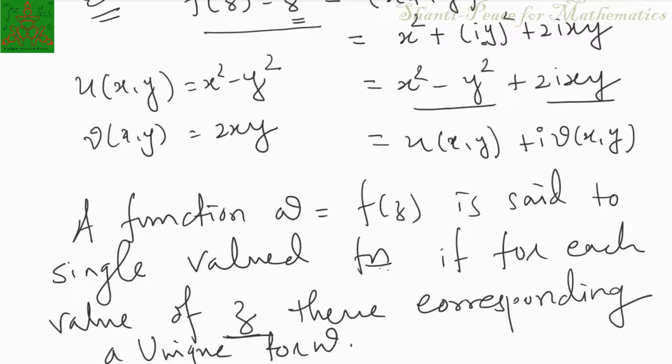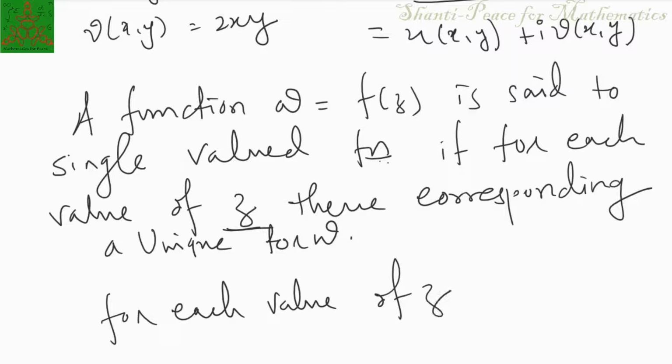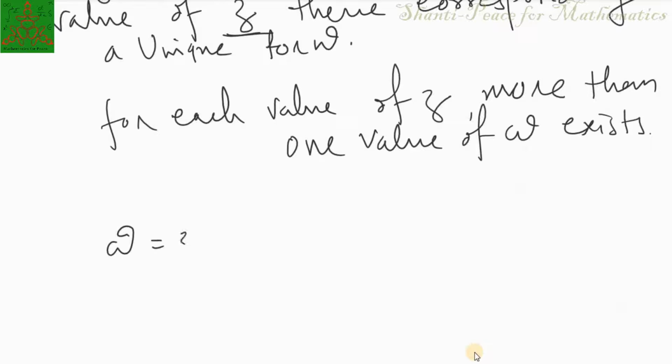And there is also a multi-valued function, where for each value of z more than one value of w exists. For example, w equal to z squared: for each value of z, only one value of w is possible. So this is a single valued function.